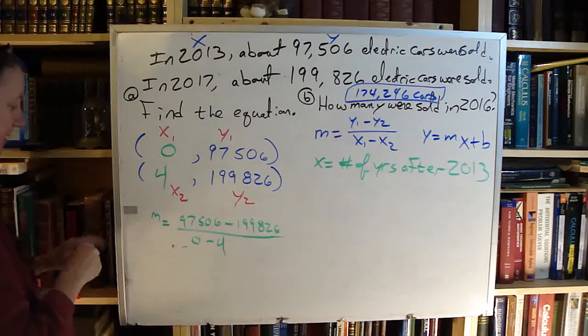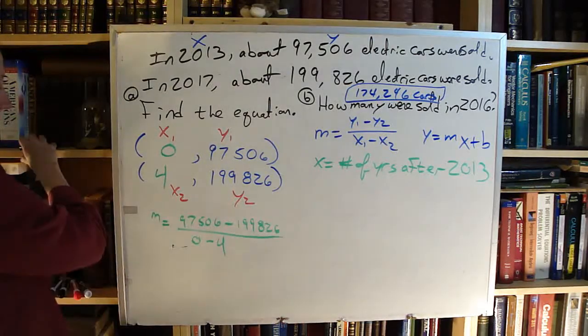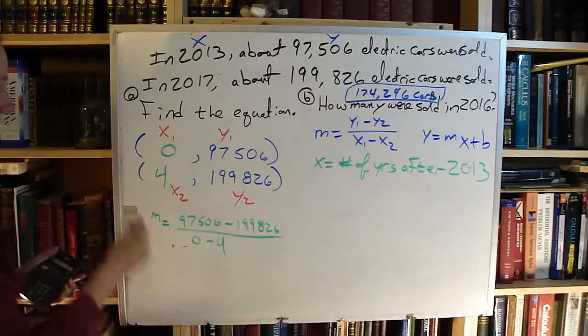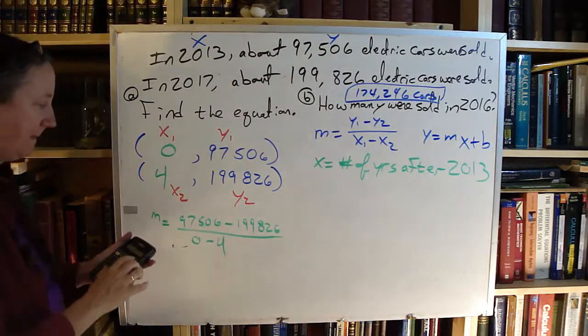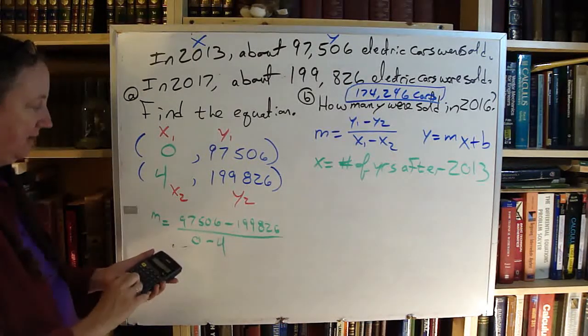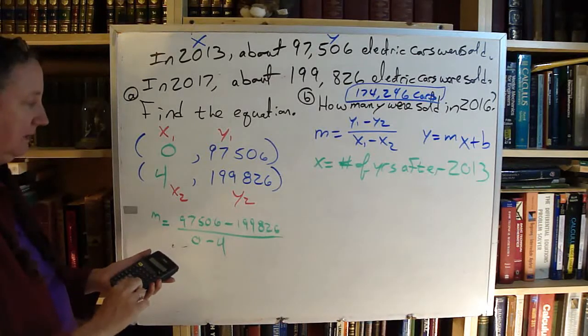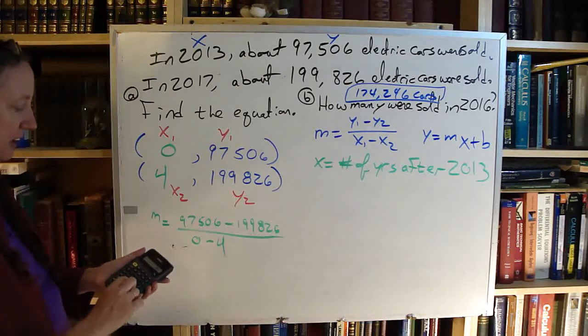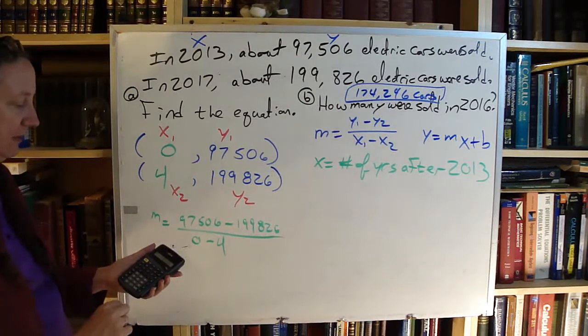Work that out in my calculator. On the bottom, I can see that easy enough. I have a negative 4. 97,506 minus 199,826. I should get the same number I did before.